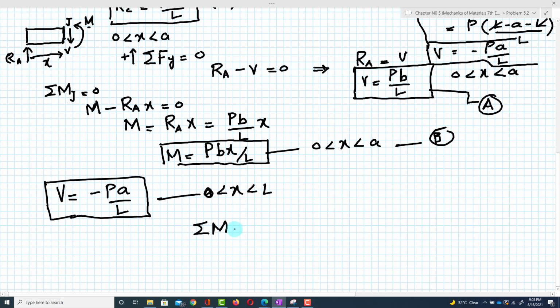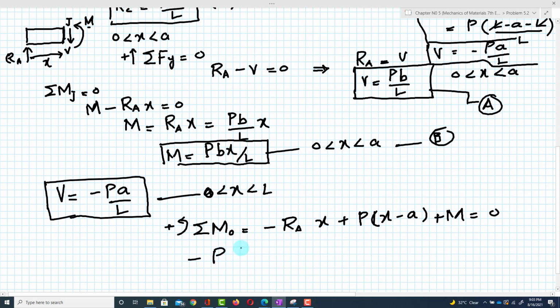Clear? So I will write the above equation, the moment about point A that we calculated earlier, as minus RA into X plus P into X minus A plus M is equal to 0. Moment about this is equal to 0. So minus RA, which is P B over L, into X plus P into X minus A plus M is equal to 0.